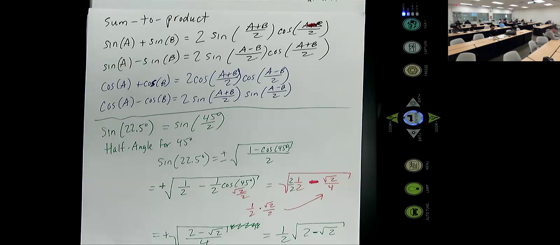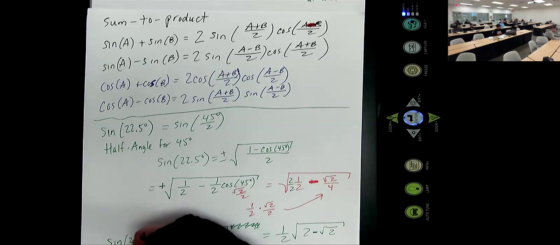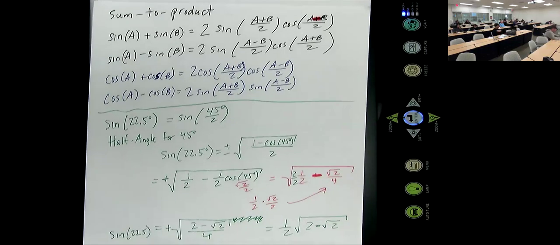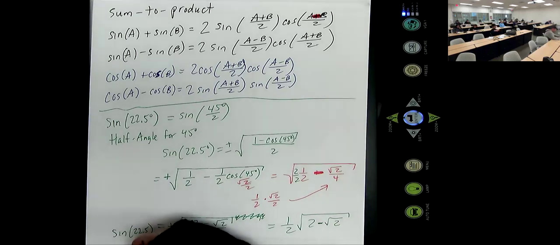This would obviously look much better in decimal form, but the decimal form is not gonna be exact. This is an exact answer, if you ever need the exact answer for something. That is sine of 22.5 degrees, or sine of pi/8.